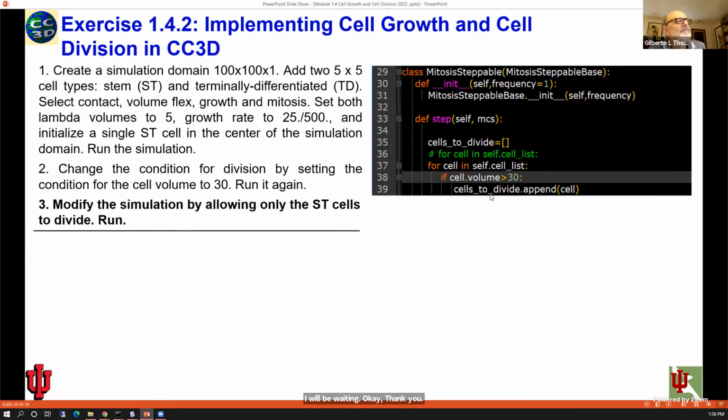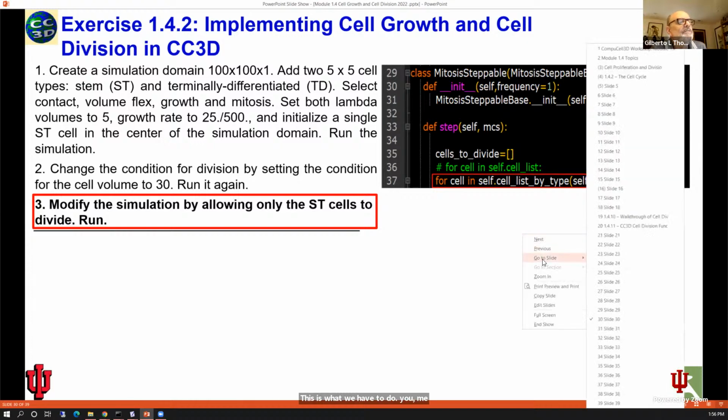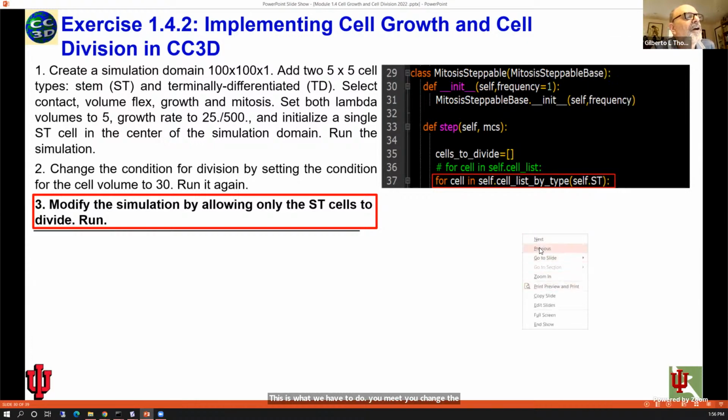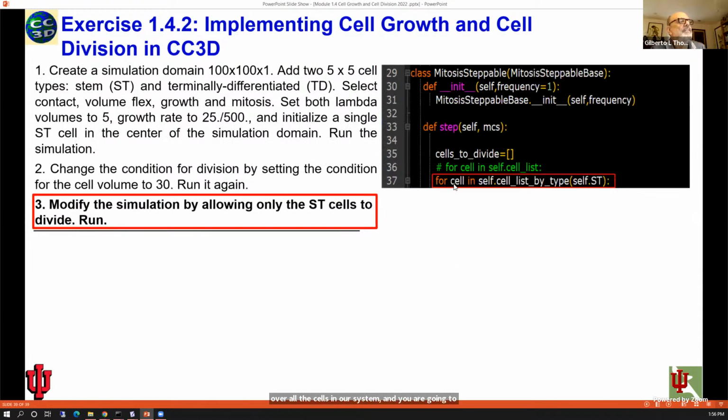So, coming back here. This is what we have to do. You change the rule for choosing the cells that you are going to check. You have here for cell in self-cell list, that loop runs over all the cells in your system. And you are going to change it to for cell in self-cell list by type.